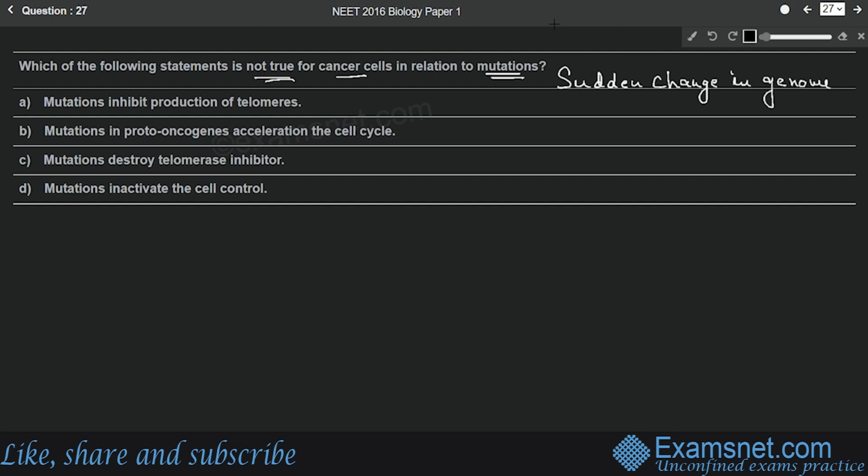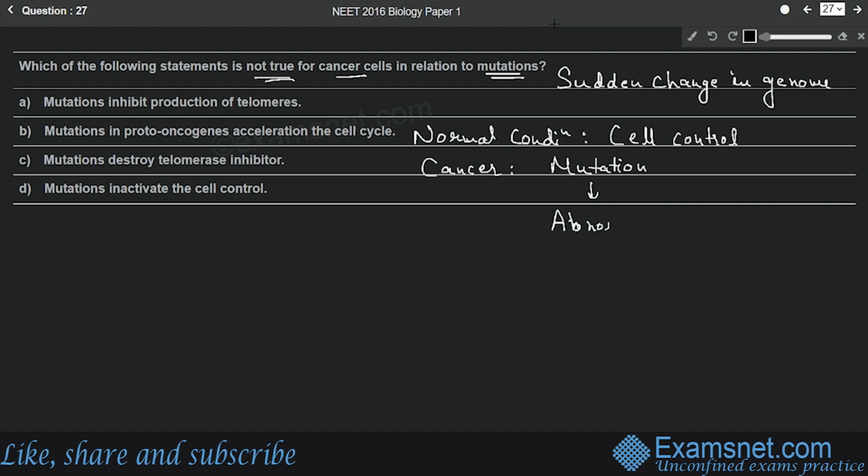Now we know that in normal condition, our body has a mechanism of cell control in order to avoid the abnormal growth of cells. But what happens in case of cancer? There is mutation in the cells. Mutation. This is the root of cancer, because due to mutation there is abnormal growth of cells.